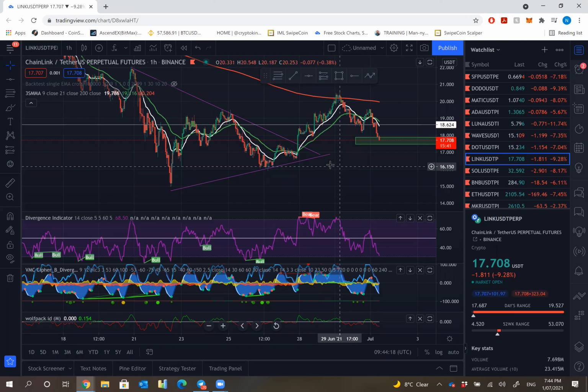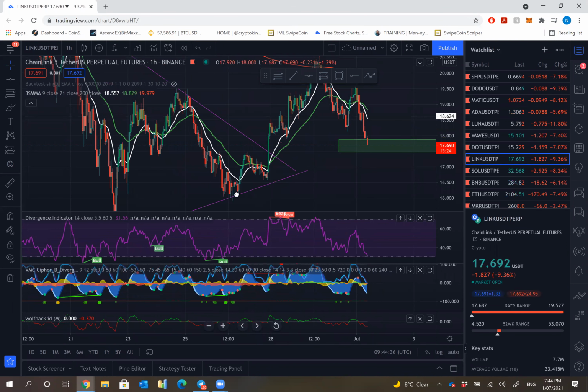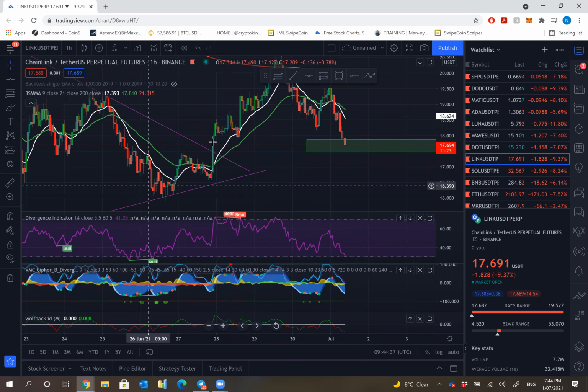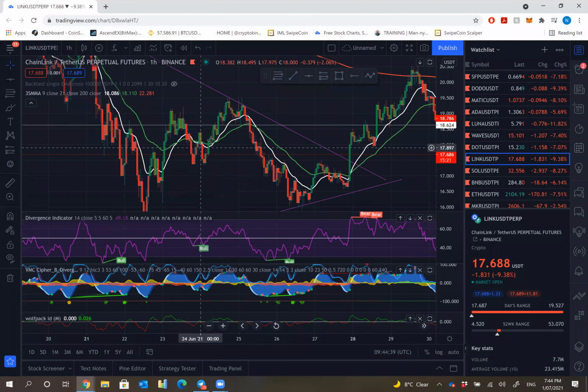The problem that I find when using moving averages is that a lot of people will do a buy on the cross of the moving average. So when the 9 moving average crosses over the 21 moving average, they'll put a buy call in. And when it crosses underneath the 21 moving average, they'll sell.